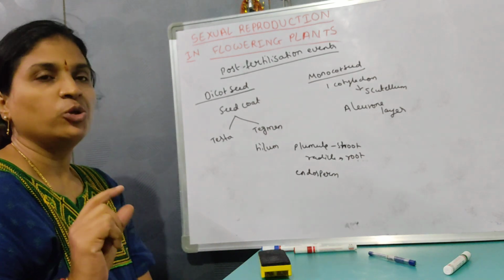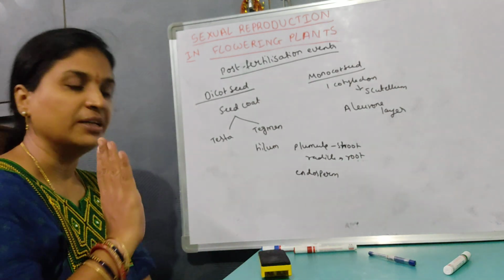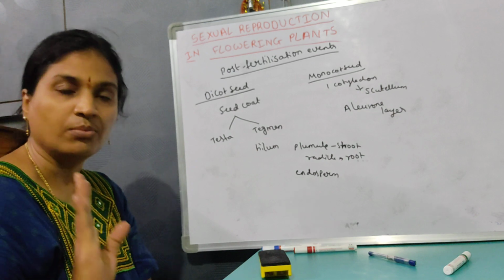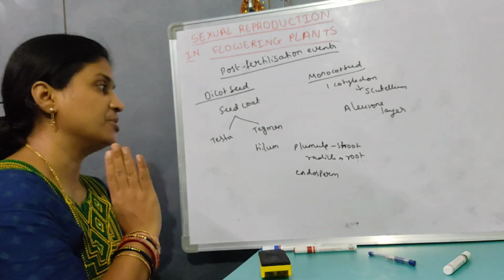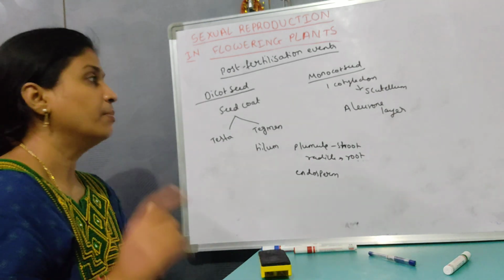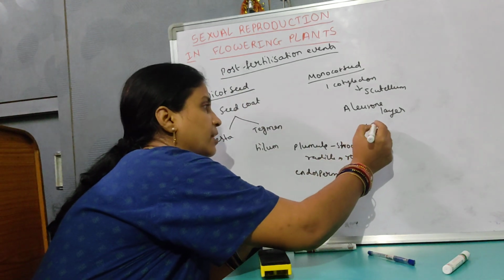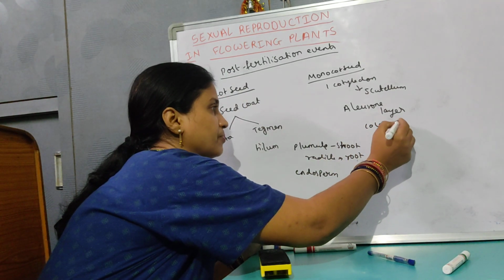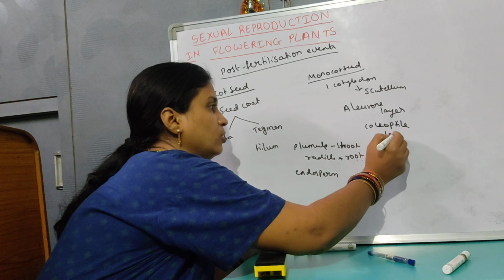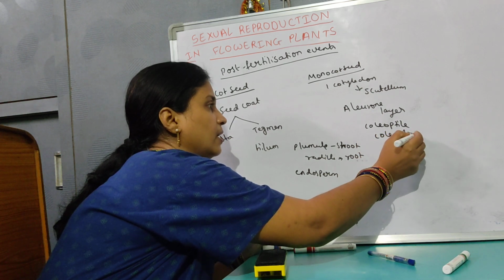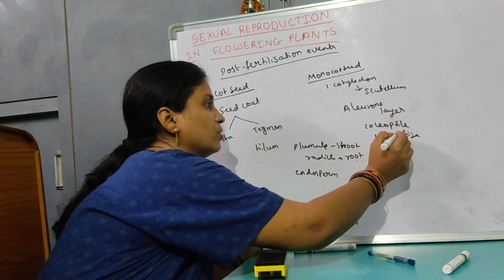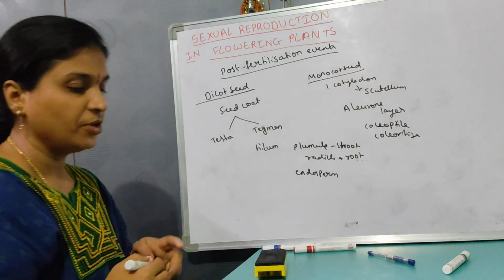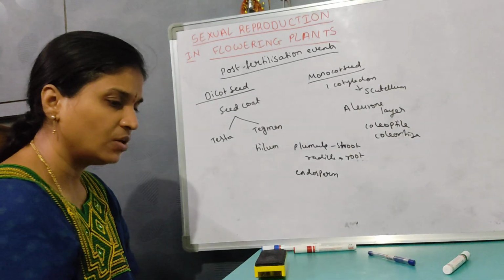So coleoptile and coleorhiza are present in monocots. Plumule develops into shoot, radicle develops into root. But coleorhiza and coleoptile are present only in monocot seeds.